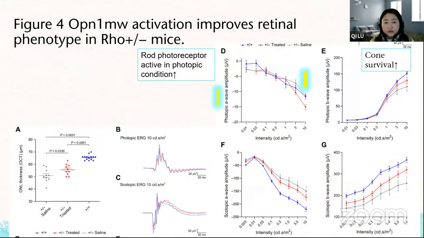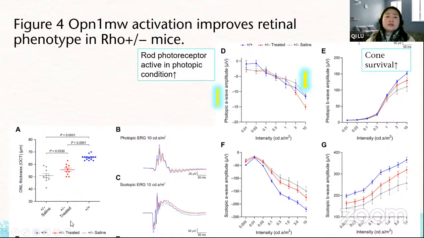And next, let's move on to the functional data of this system. Here it shows both the dark-adapted scotopic response and the photopic response.